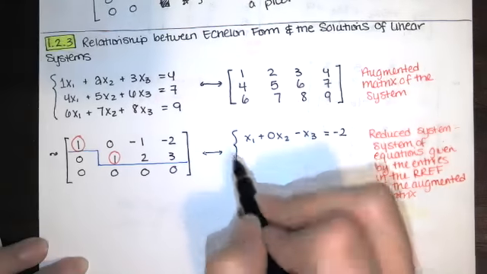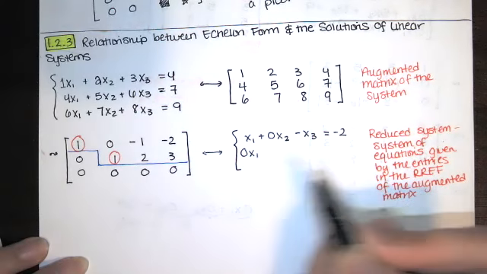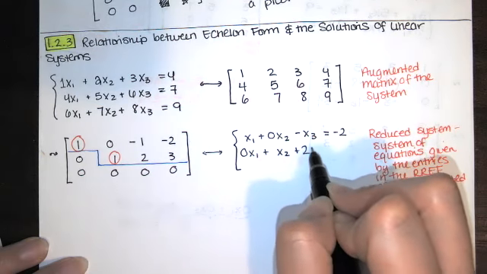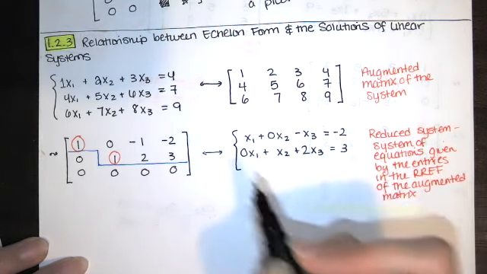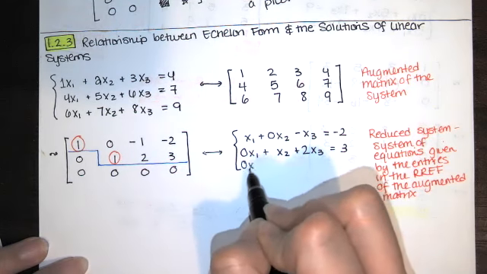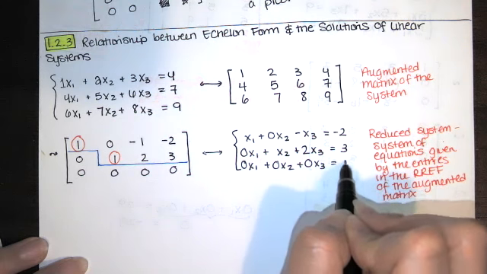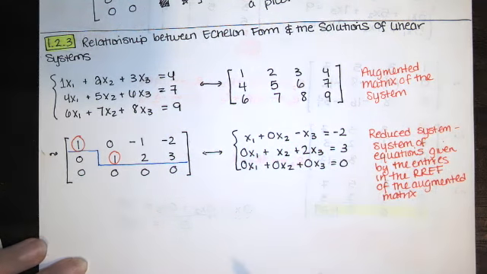And the second row tells me that 0 times x sub 1 plus 1 times x sub 2 plus 2 times x sub 3 equals 3. And the last row just tells me that 0 times x sub 1 plus 0 times x sub 2 plus 0 times x sub 3 equals 0. But we already knew that 0 equaled 0, so we don't have to write that down.